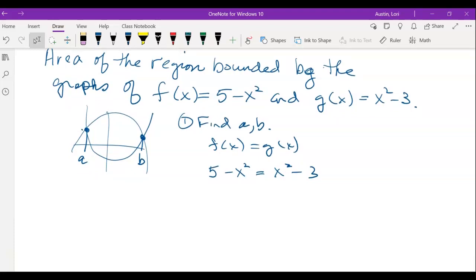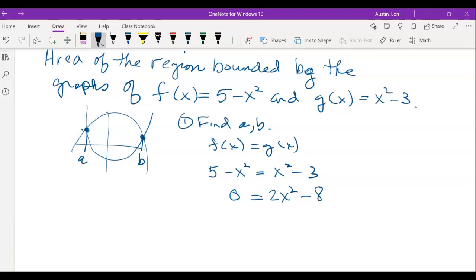I'm going to move everything to where the x squares are positive because I like to do that, okay? So that means I'm going to set this side at 0. I'm going to move the -5 over, and I'm going to move the 5 over as a -5. I'm going to move the negative x squared over. So what does that give me, everybody? 2x squared minus 8. Do we agree?